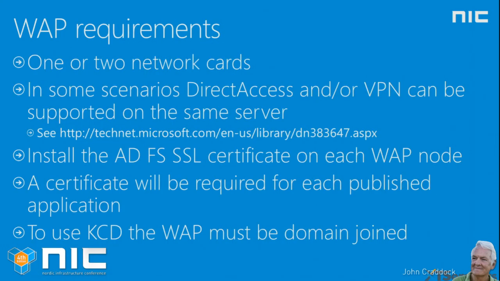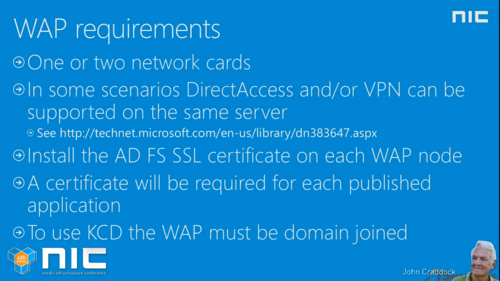So WAP requirements, you can do it with one network card if you want, or you can put 2 network cards in if you prefer. In some scenarios, you might use DirectAccess and or VPN, and they can be supported on the same server. The strange thing is, where do you find the ADFS proxy? It's under the Remote Access role. All right, so Remote Access is about DirectAccess, about VPN. It's part of that role.